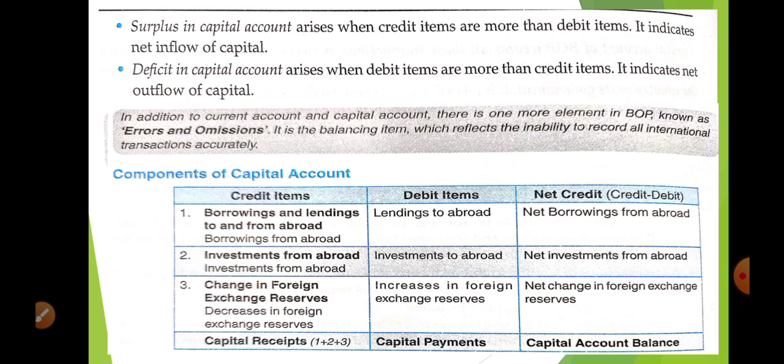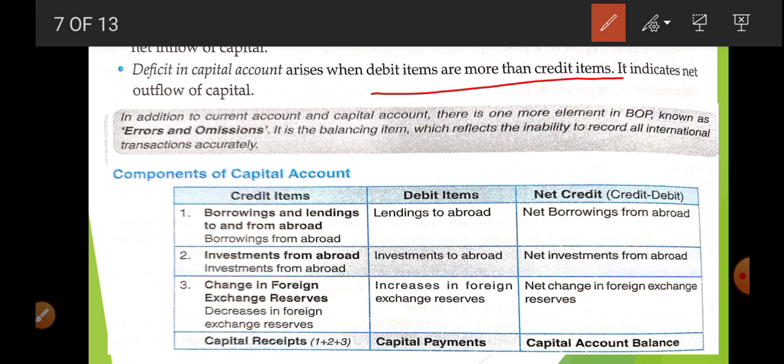Now surplus in capital account arises when credit items are more than debit items, that is, when net inflow is more. Deficit in capital account will arise when debit items are more than credit items. It indicates net outflow of capital, there will be more outflow of capital.